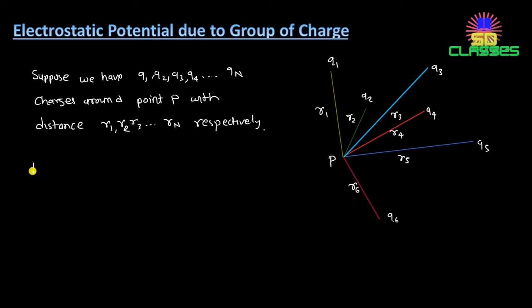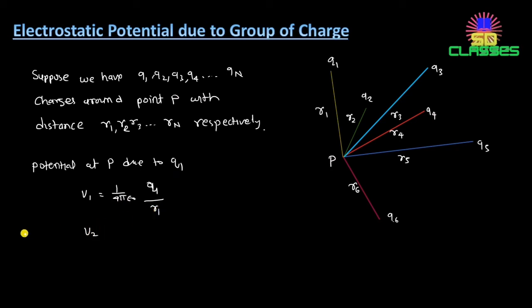Now we are going to find out the potential at P. The potential at P due to q1 is V1 equal to 1 by 4 pi epsilon naught, the charge is q1 and the distance is r1.